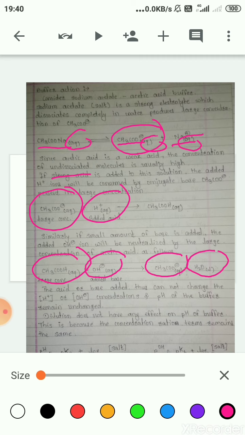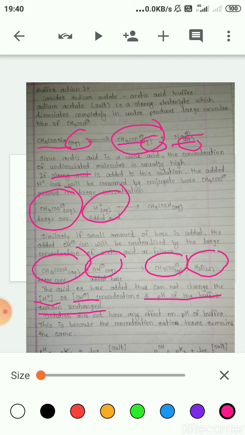That means they balance the concentration of H plus and OH minus ions, and as these concentrations remain unchanged, the pH of the buffer solution remains unchanged. These are related to the addition of acid or base to any buffer solution.